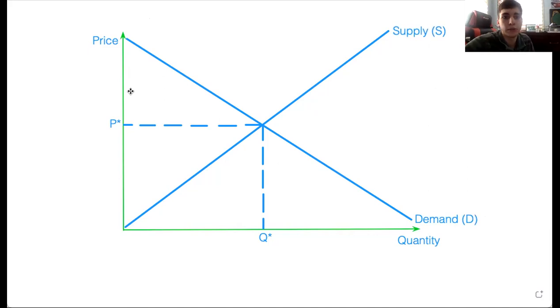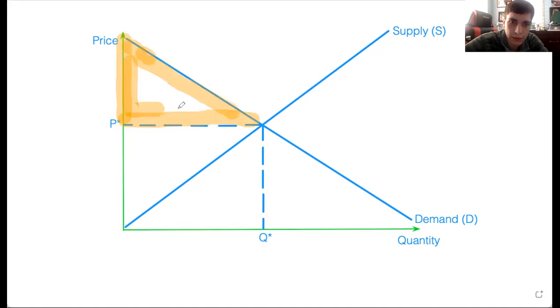basically they'll give you numbers, and they'll say calculate the consumer surplus, which is this area right here, within the boundaries of this triangle. It's all of that.